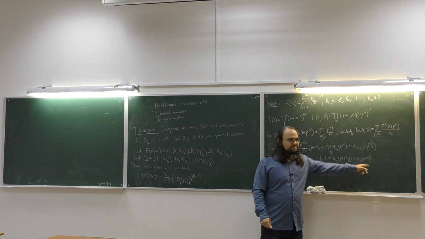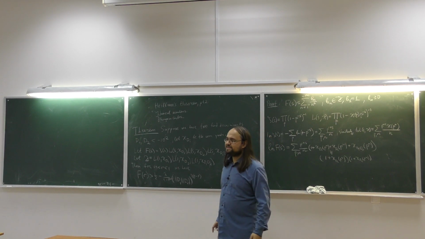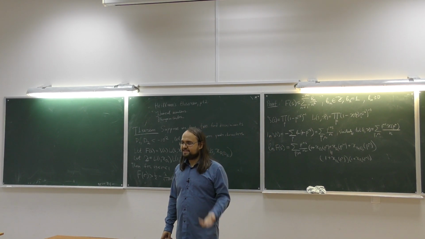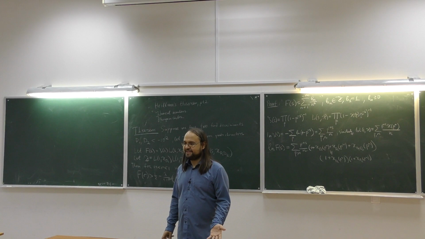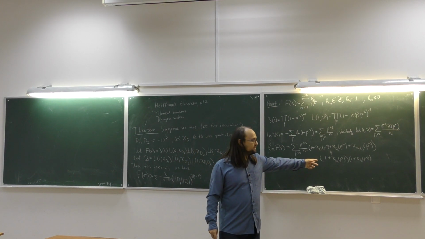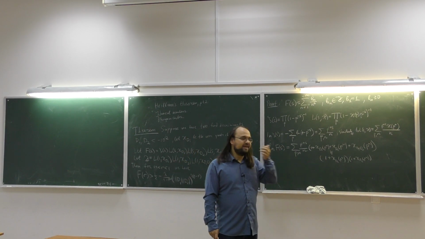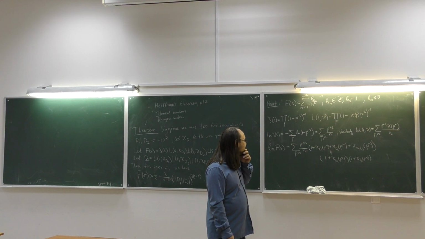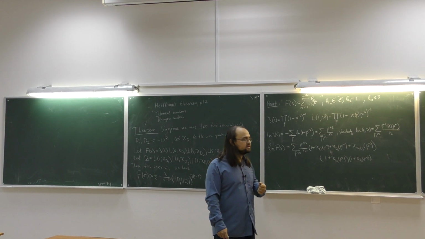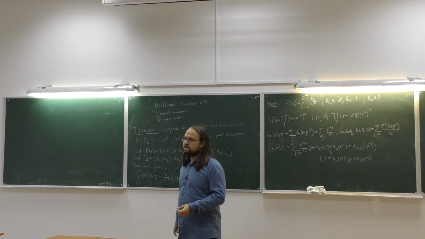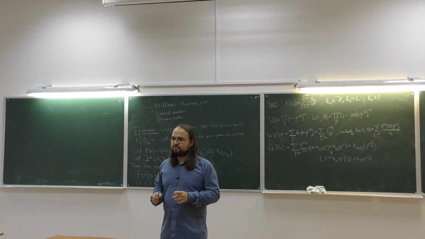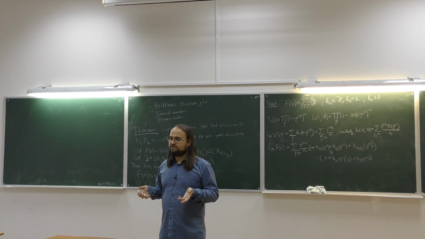And these numbers can be equal to either 0 or 1 or minus 1. So we have a non-negative product here. This implies that the coefficients of the logarithm of f of s are all non-negative.